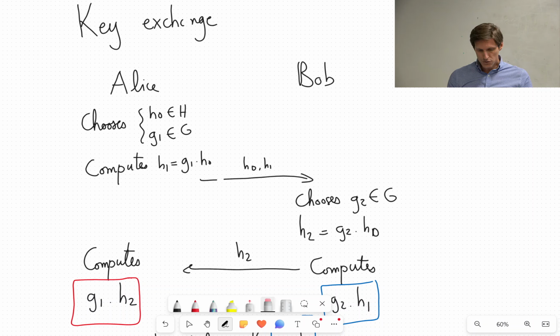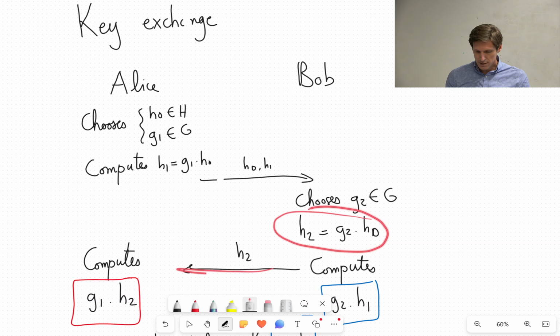So Alice chooses an element in the set and an element in the group, acts with the group element on the set element, and sends the two elements H0 and H1. And then Bob chooses a group element, kind of like his secret ephemeral key, and acts also on H0, okay?